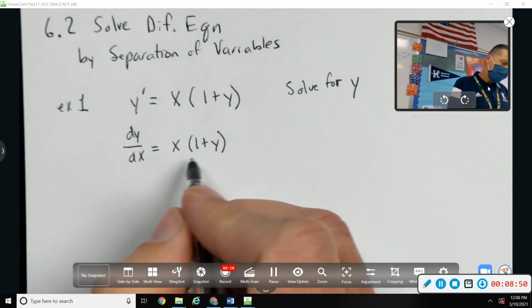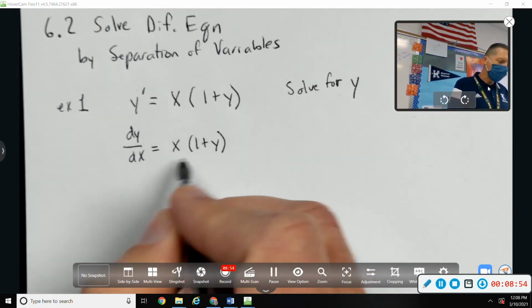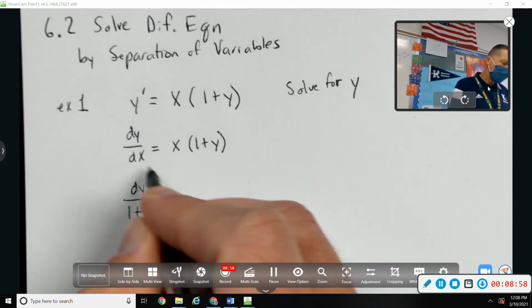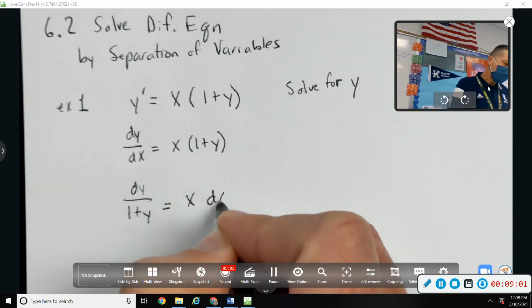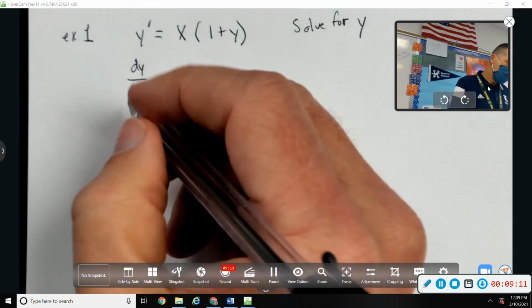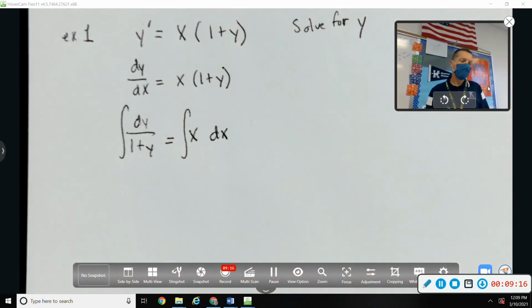Here's where describing it as cross multiplying may not work so well, because we're going to divide both sides by 1 plus y and multiply dx over. So now we've got all our y's on one side and all our x's on one side, and we can integrate.